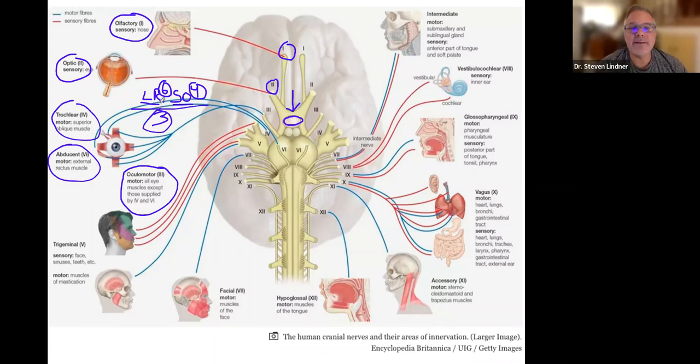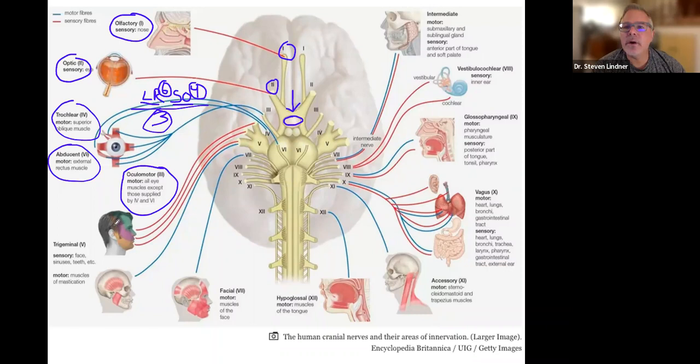So lateral rectus is innervated by the abducens nerve, superior oblique by the trochlear nerve, and then the other 4 eye muscles are innervated by the oculomotor, which is cranial nerve 3. Okay, so SO4, LR6 all over 3 tells you which cranial nerve goes to which muscles to move the eye. So that's 3, 4, 6.